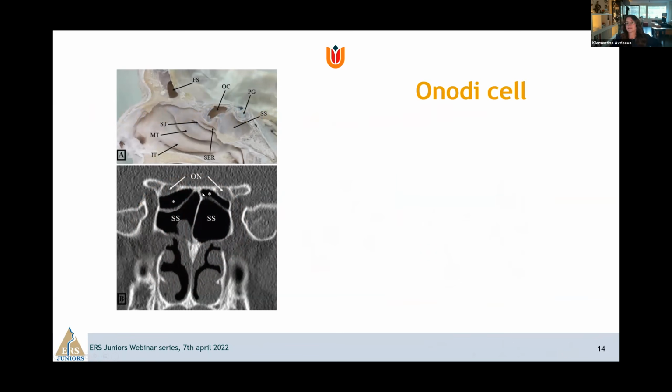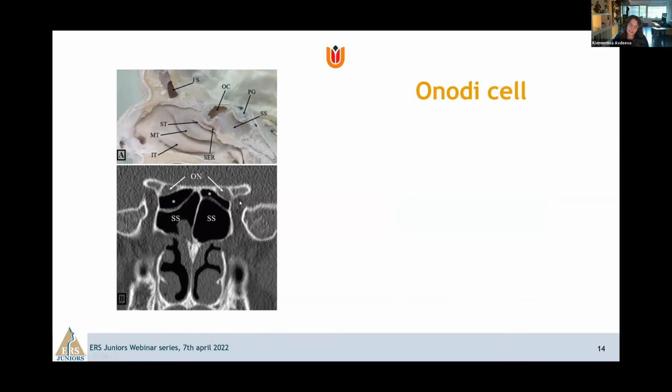An important anatomical variation to be aware of is onodicel. This is the pneumatization of posterior ethmoid cell into the sphenoid sinus. That's how it looks on the CT scan. And onodicels are in very close proximity to optic nerves.